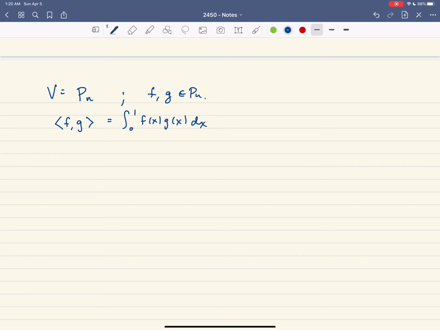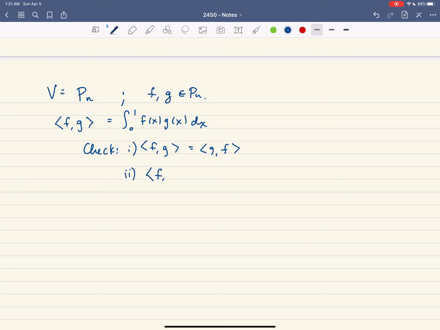Okay, and so that's going to be the inner product that we're going to define over the vector space P sub n. And you can check all of these properties. If I take the inner product of f and g, that's the same as the inner product of g and f, right? If I switch the order of the integration, it doesn't change anything. So the first condition is satisfied.